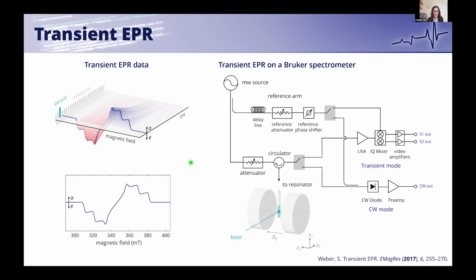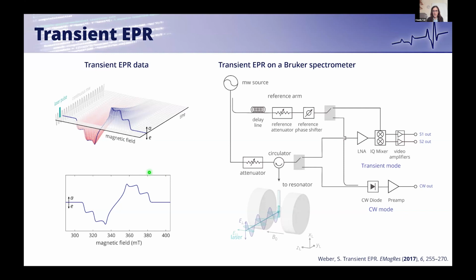I said that we turn field modulation off, so that's not the reason for it. The reason is that most of these photoexcited states are generated with a non-Boltzmann initial population, which means that some of the transitions will be in emission, so the ones that go down, and some of them will be in absorption. That's what's typically indicated by these absorptive and emissive arrows that are shown for transient EPR spectra.